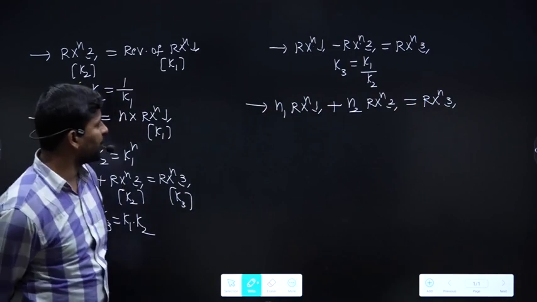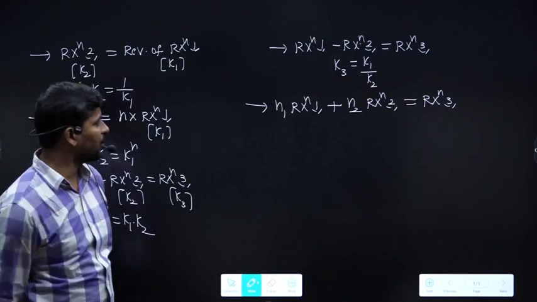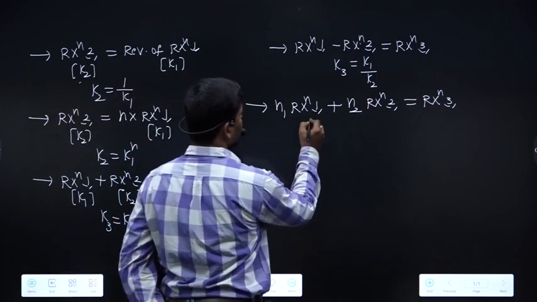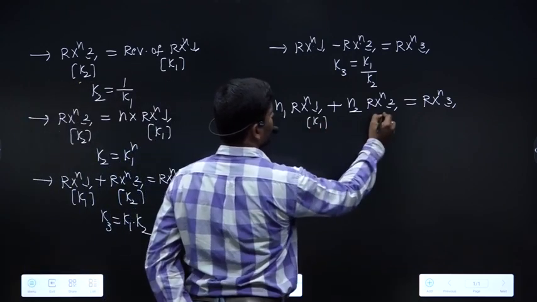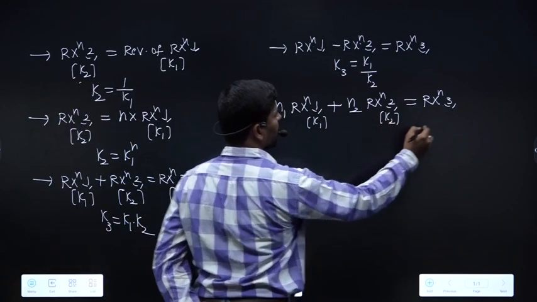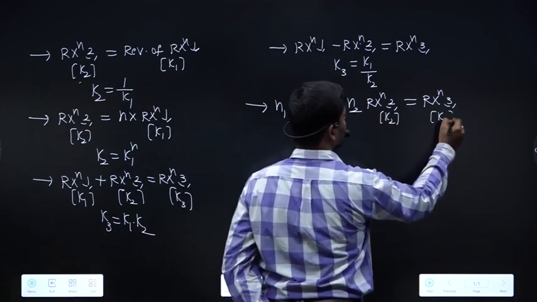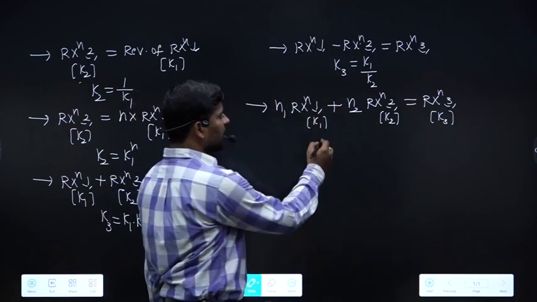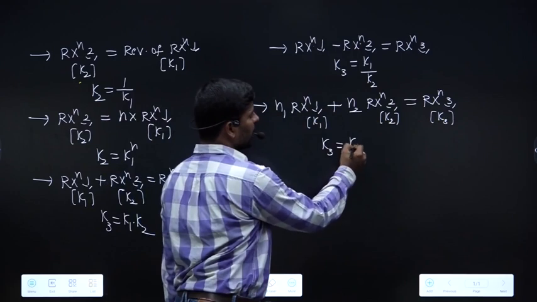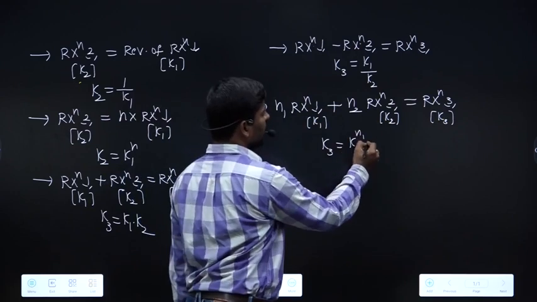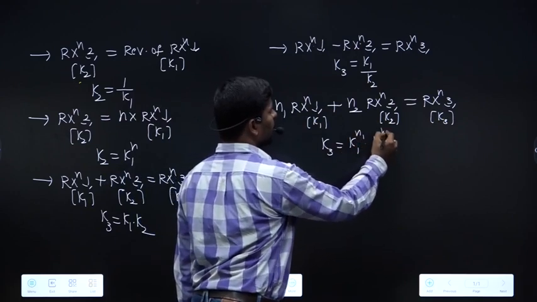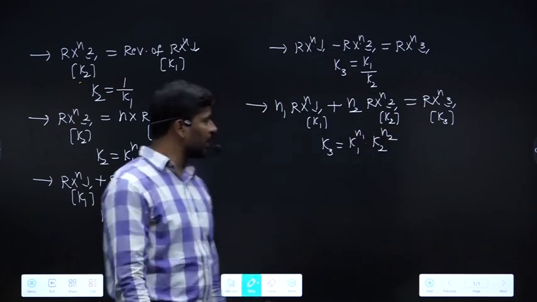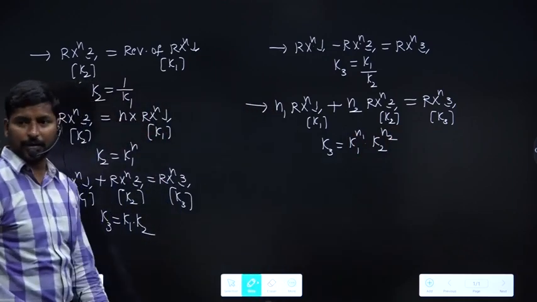Then what is the expression for K3, where for reaction 1 we have K1, for reaction 2 we have K2, and for reaction 3 we have K3? K3 is equal to K1 power N1 into K2 power N2.